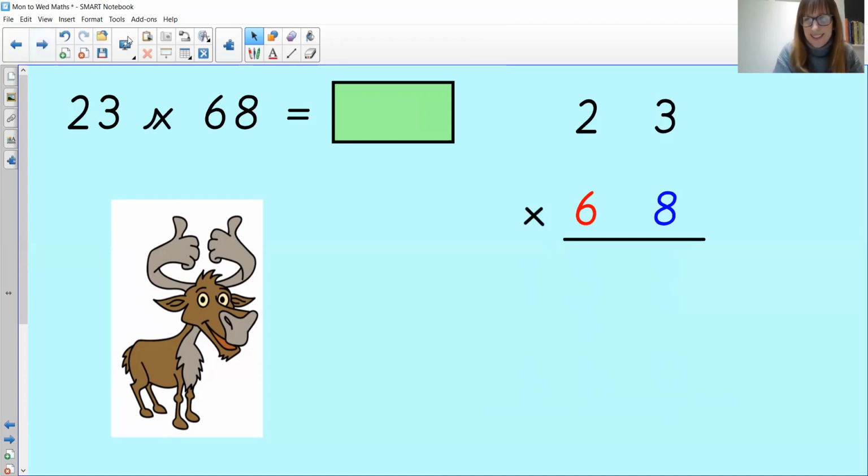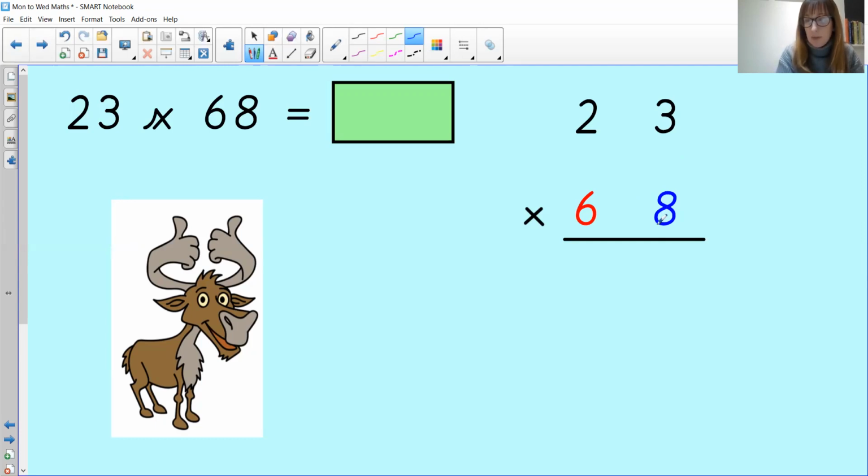All right, let's go through the answer. So, like we did before, I'm going to split the 68 into a 60 and an 8, and I'm going to times by the 8 first. Now, you've probably noticed it's really important to know our times tables when we're doing long multiplication. So keep practicing, keep playing TT Rockstars.